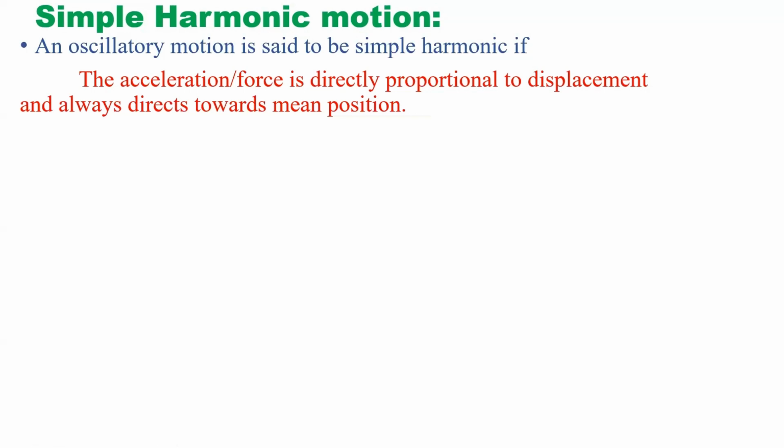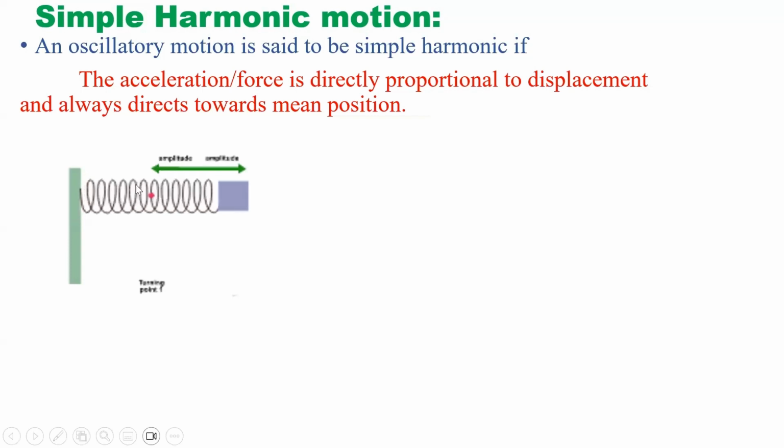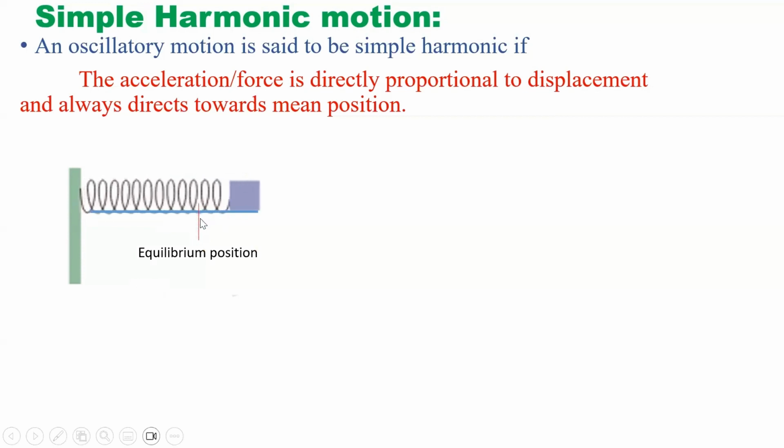If you take a mass loaded spring here, you can see it is oscillating on a frictionless surface. So this is the mean position, the equilibrium position. When it is moving away from this equilibrium position, there is an elongation in the spring.